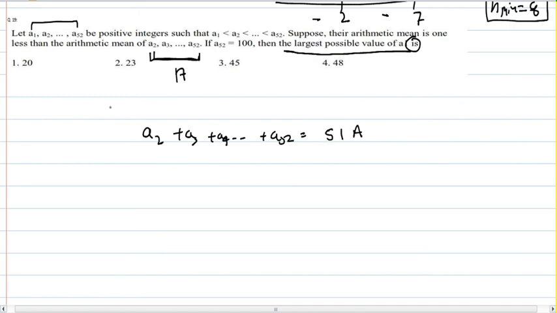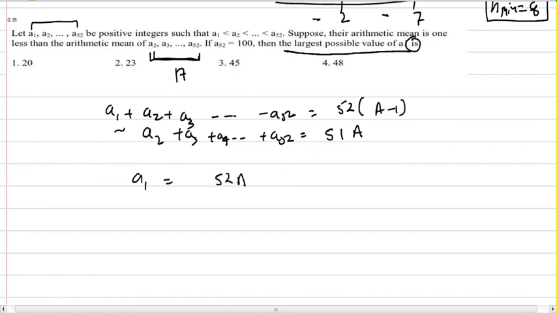If I add the first sequence a1 plus a2 plus a3 up to a52, there are 52 numbers and the arithmetic mean is 1 less. This is what I will have. Now, if I rearrange these two, if I basically subtract these two, I will have a1 is equal to 52a minus 52 minus 51a. That is a minus 52 is the value of a1.